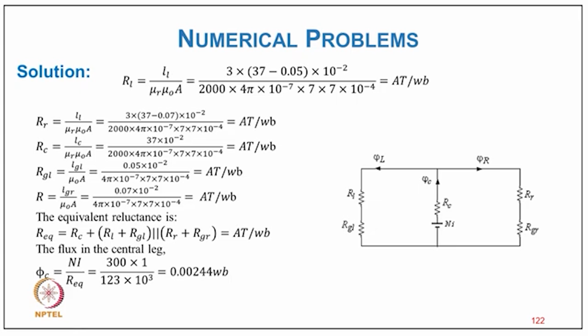So we can calculate the reluctances RL, RR, RC, RGL, and the equivalent reluctance REQ equal to RC plus the parallel combination of RL and RGL. Then the flux in the central leg is phi equal to Ni upon REQ. It comes to 300 into 1 divided by 123 into 10 to the power 3 Weber.